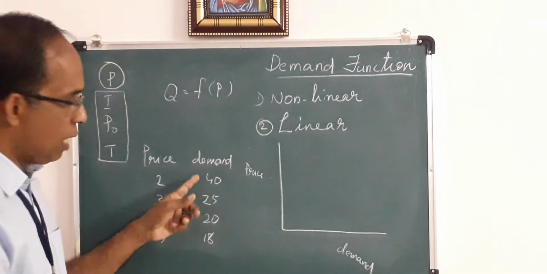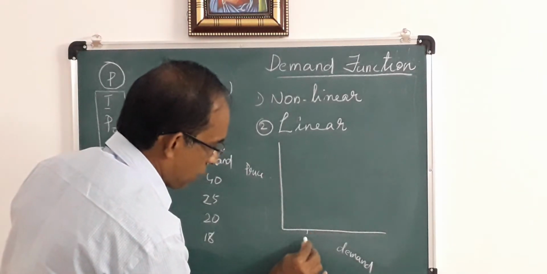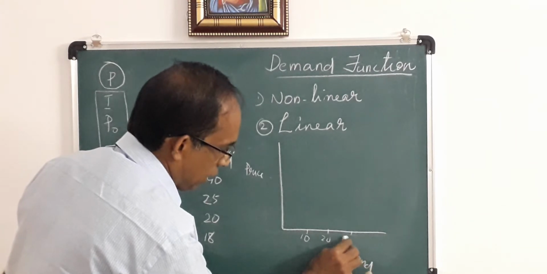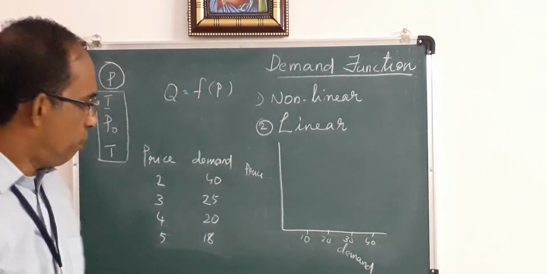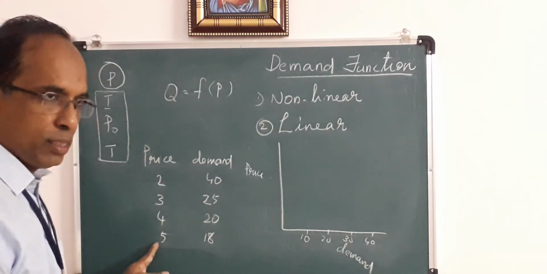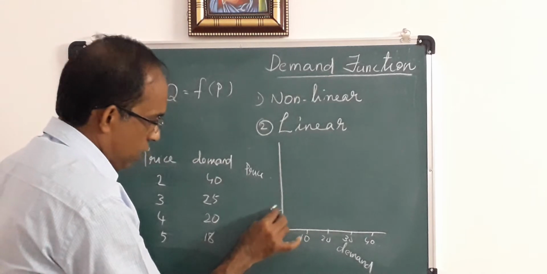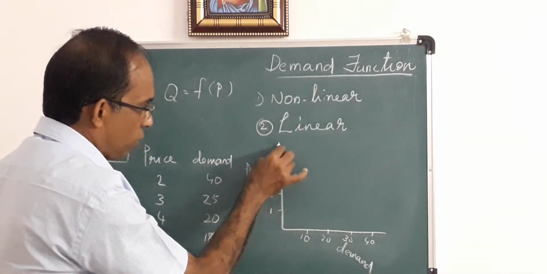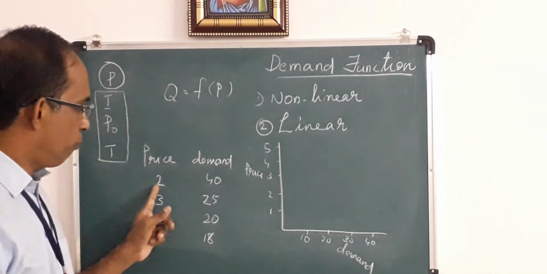Demand, the largest demand is 40. So we take 1 centimeter as 10: 10, 20, 30, 40. Okay. Then price, maximum price is 5. So take 1 centimeter as 1, 2, 3, 4, 5. Then take the first pair of price and demand.